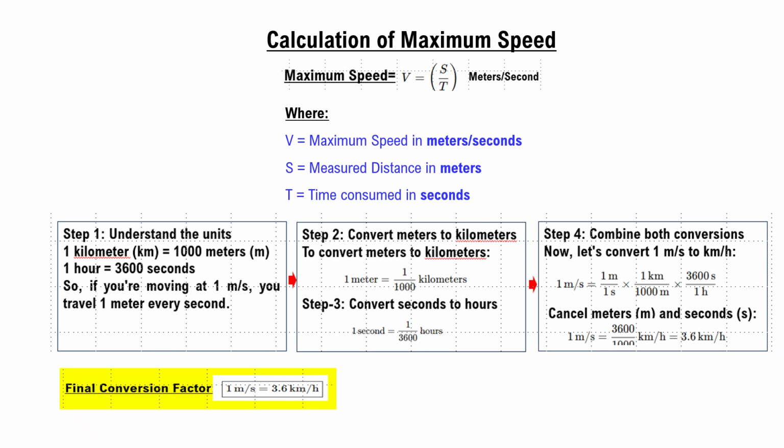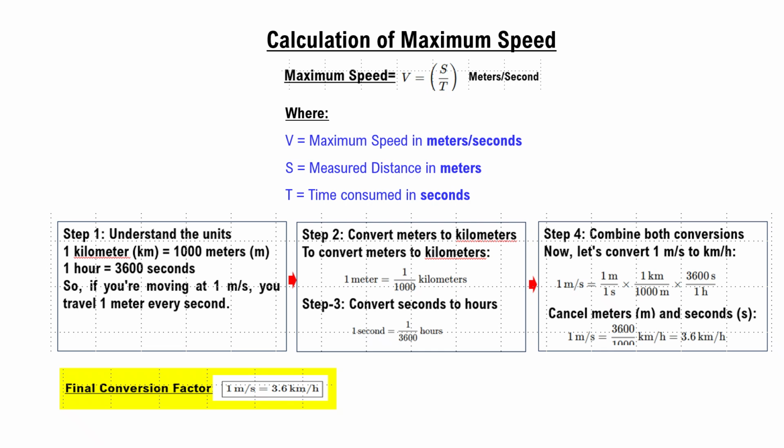To convert 1 meter per second, we multiply by 1 divided by 1000, that is to convert from meters to kilometers. To convert seconds to hours, we divide 1 by 3600, but because second is a denominator, the multiplication factor will be 3600 divided by 1 hour.